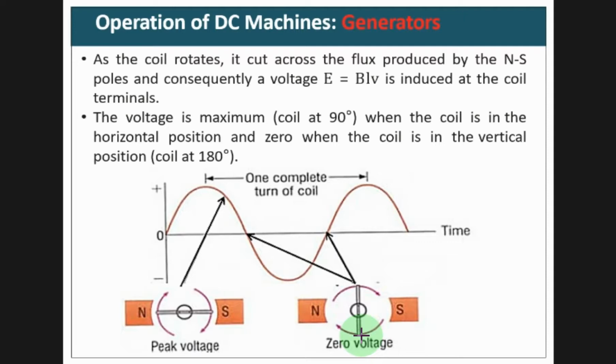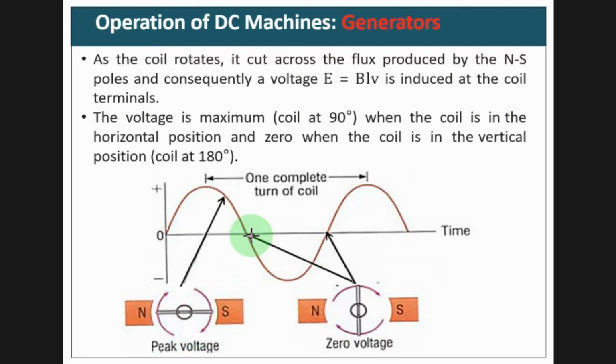Therefore the magnetic flux that is cut by the conductor is 0 here, so no EMF will be generated. So that is why the EMF is becoming 0. So here you get the maximum and then it gradually decreases and goes to 0 at this point.